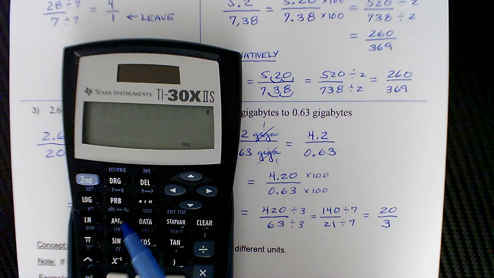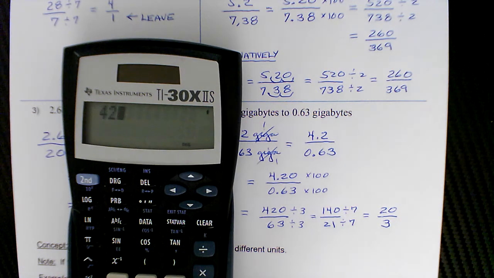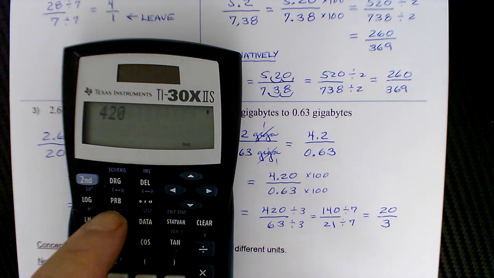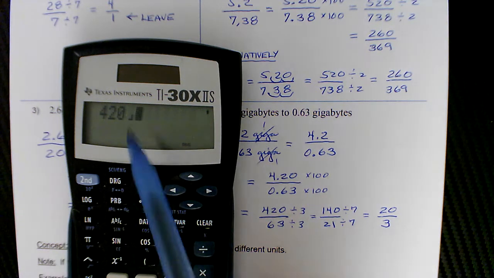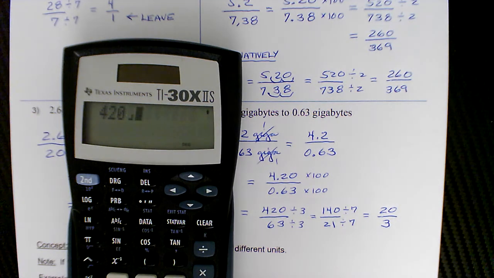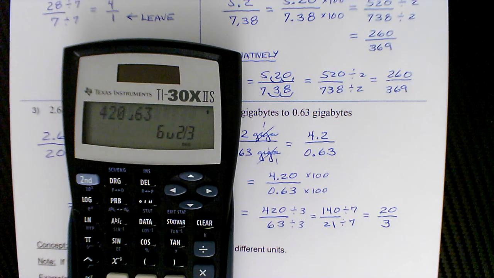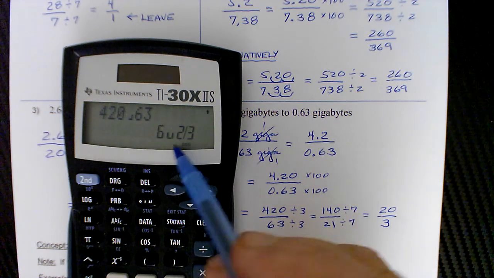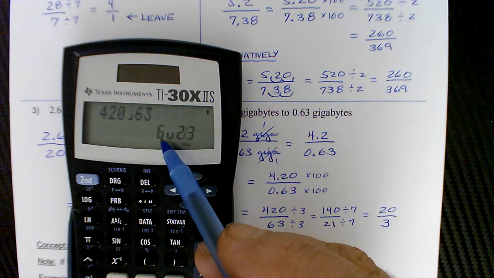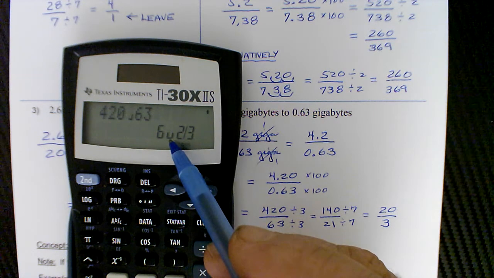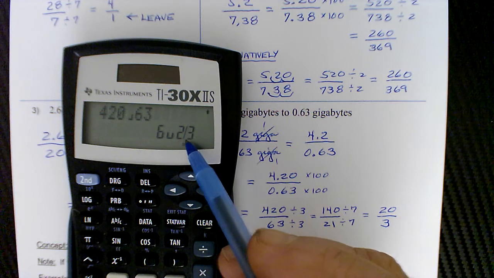If I enter the numerator of 420, hit that fraction key, and this little backwards L pops up, indicating the fraction bar, enter the denominator of 63, and then hit enter, I get an answer. It looks a little bit funny, but it means 6 and 2/3. That means the whole number part is 6, and the fractional part is 2/3.